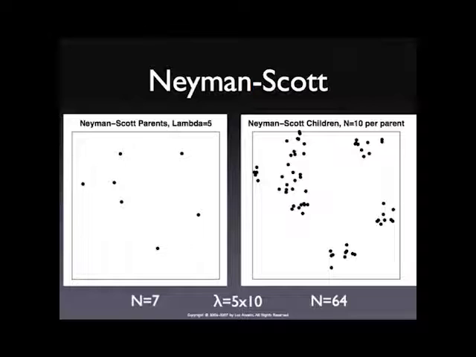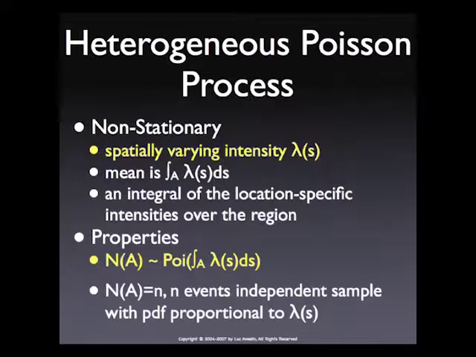Okay, so the second way in which we can have clustered patterns is from a heterogeneous Poisson process. And unlike the homogeneous Poisson process, which is stationary, meaning it's the same everywhere, the same mean everywhere, the same variance everywhere, the same distribution everywhere, once you allow the intensity to change, lambda(s), where s is location, then stationarity is gone, because we no longer have a constant mean.